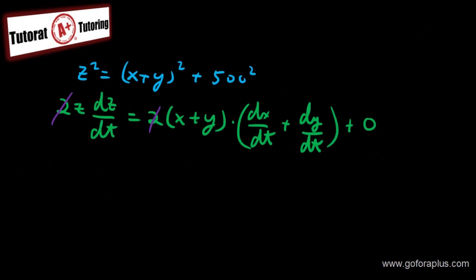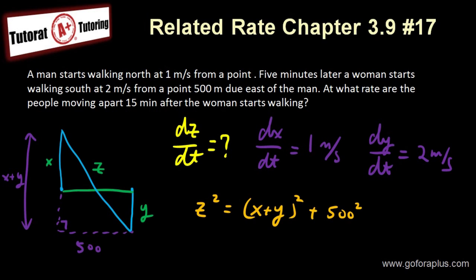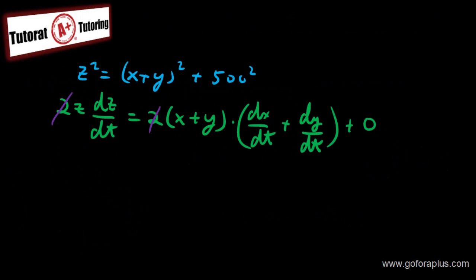Okay, the man is walking at 1 meter per second, right? So x equals 1 meter per second times 20 minutes times 60 seconds per minute.